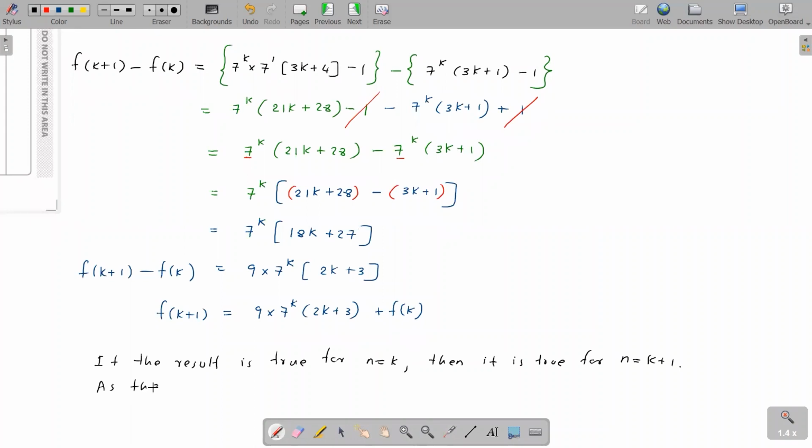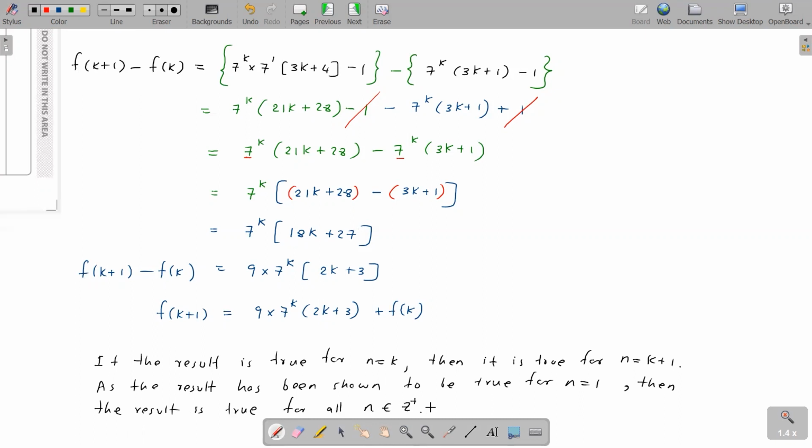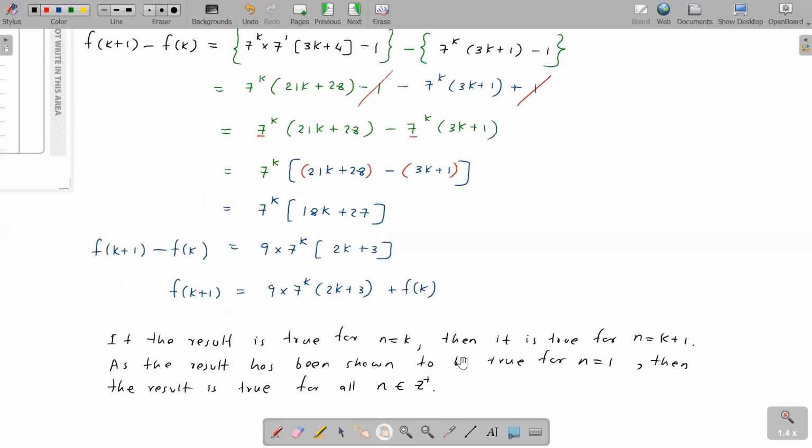And then as the result has been shown to be true for n equals 1, then the result is true for all n element of positive integers. Okay, so this is the part 1.